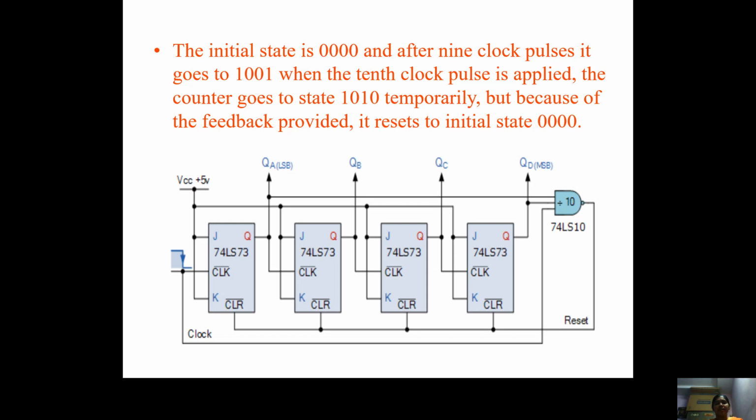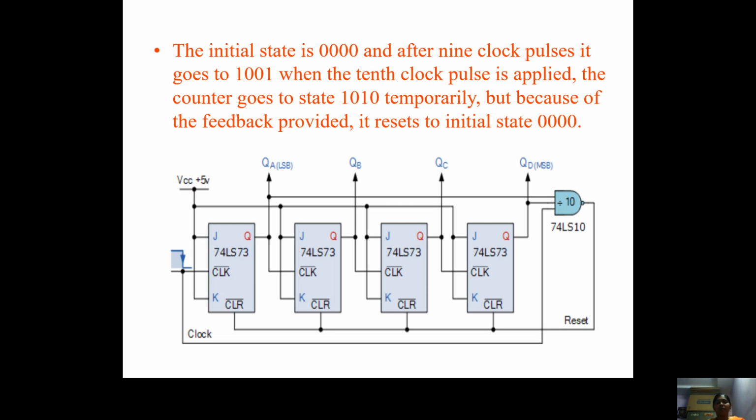Since it is the reset condition, it is given to the clear. Since clear is 0, all the values of the flip-flops will be cleared. Immediately it will come back to the initial position 0 0 0 0. The operation is similar to that of the asynchronous binary up counter.